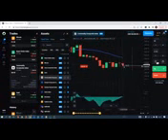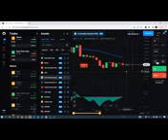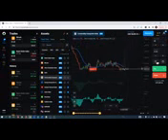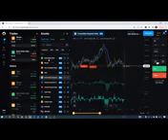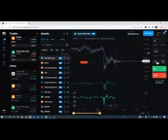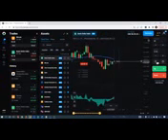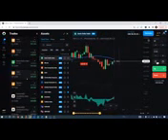Commodity Composite Index. Okay, I want to open another trade here, so I think the conditions are still there. Basic dollar index.